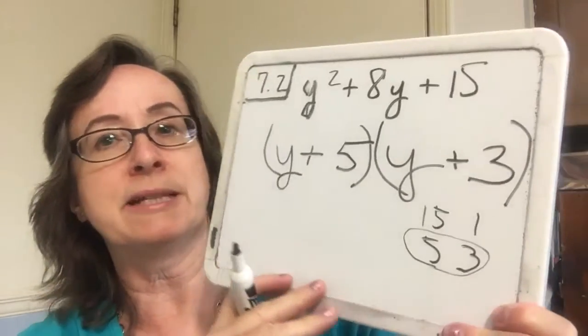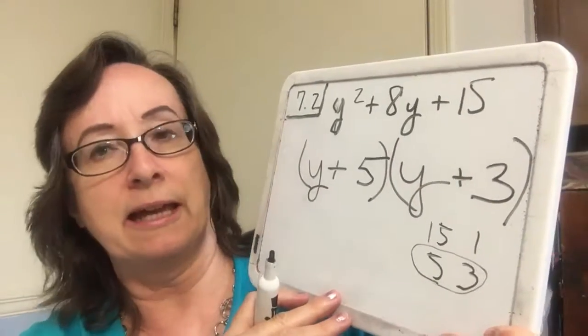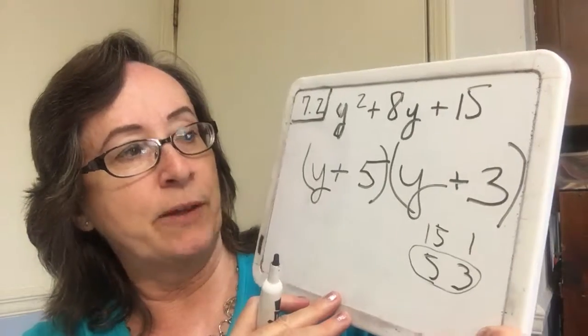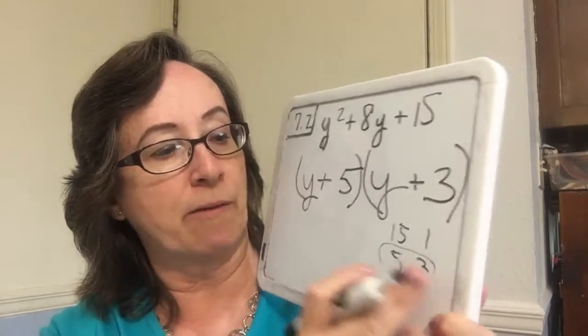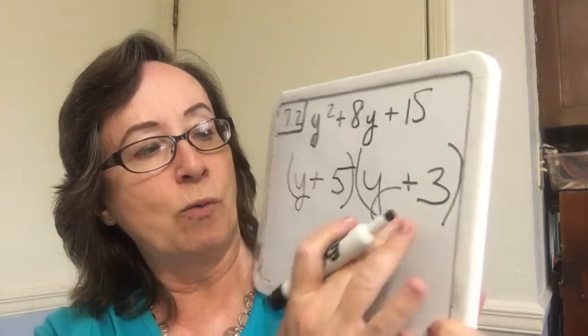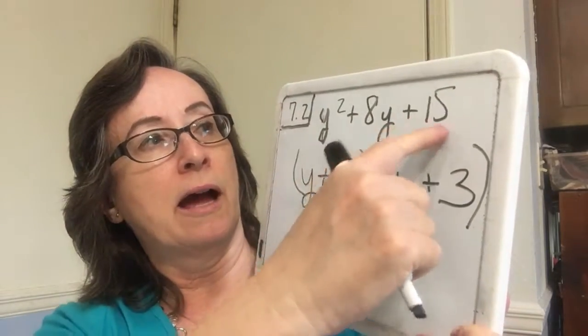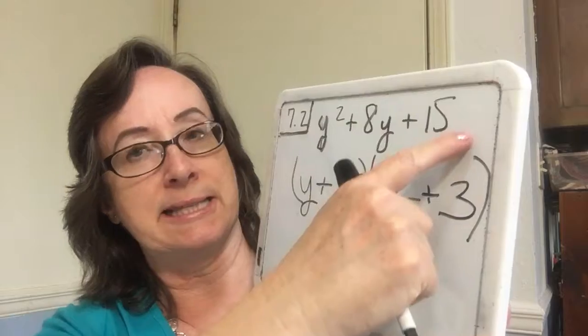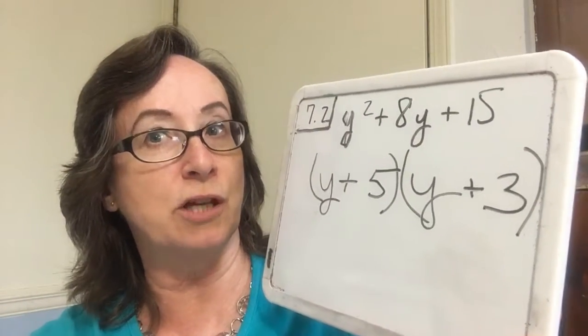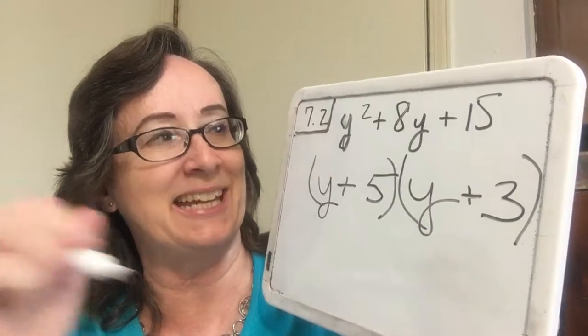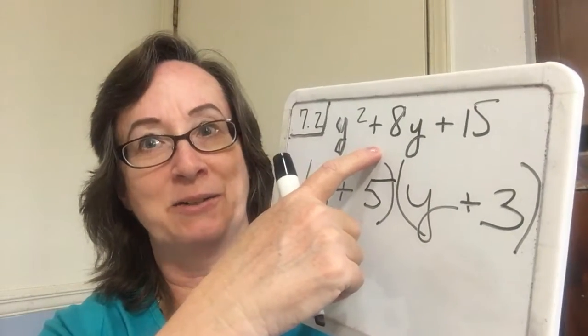Now, if we were going to do this same one using the AC method, we would have to split up the middle term. Okay, so basically we would be looking for the A times the C, which is just 15. So we're looking for 2 numbers whose product is 15, but who add to 8.